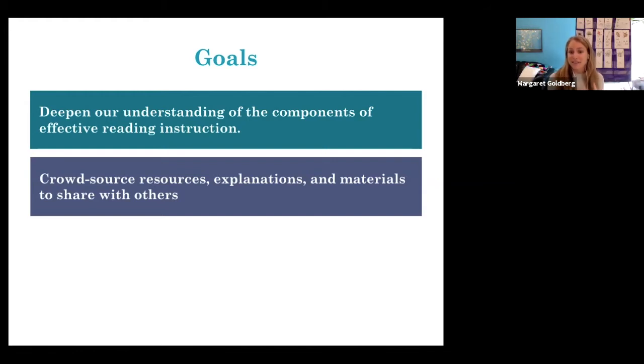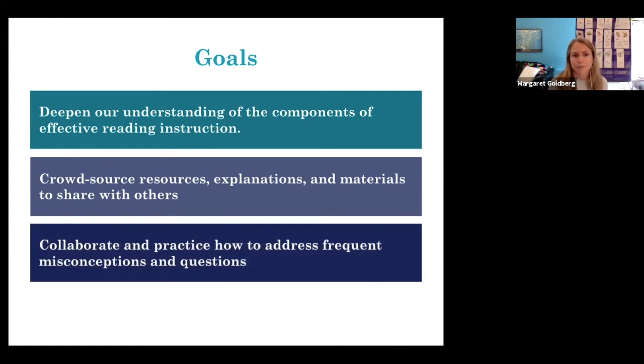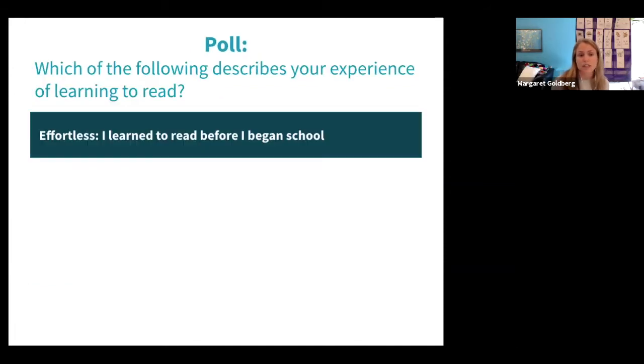But what's better than that is to be able to sit alongside someone and talk about an article or a podcast that you listened to, or watch a webinar together and make sense of it side by side, so that the burden of explanation isn't on one person in the relationship between 2 people in a coaching situation, but instead you are able to pull in outside resources and digest them together. So we're going to collaborate and practice together how to address frequent misconceptions and how to answer questions that come up so that we're able to give some clear and concise answers.